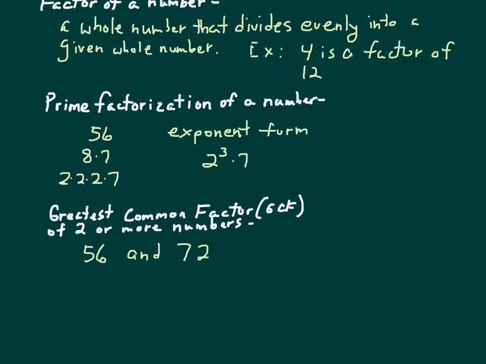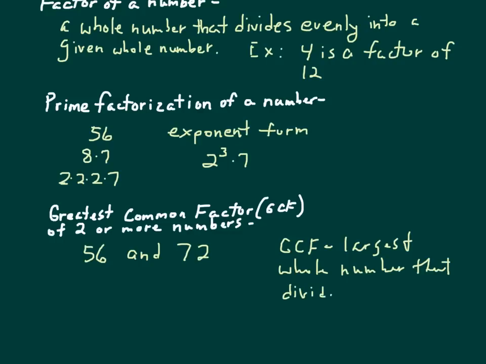And remember, the greatest common factor of two or more numbers is the largest whole number that divides evenly into two or more given whole numbers.